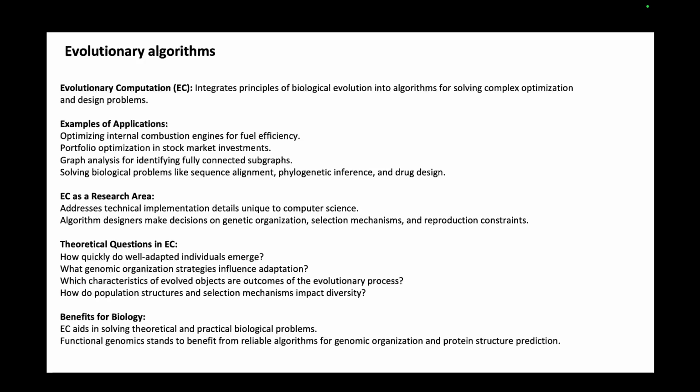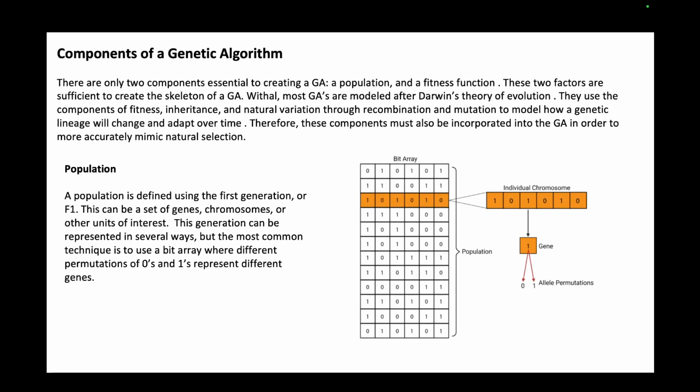In general, you have a population. A population is a set of parameters that solve a particular equation. Depending on your parameter estimation technique, each set of parameters is known as a chromosome.